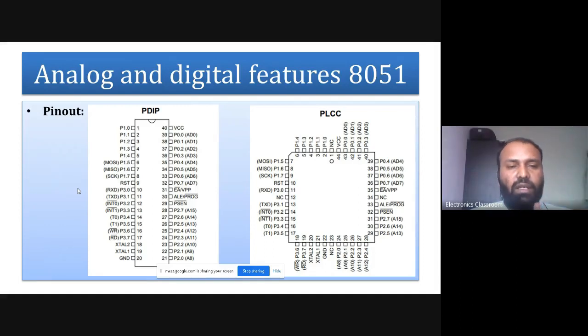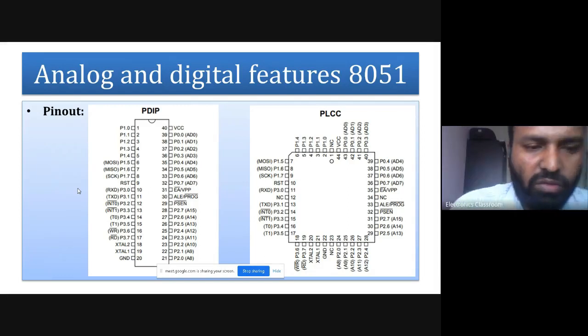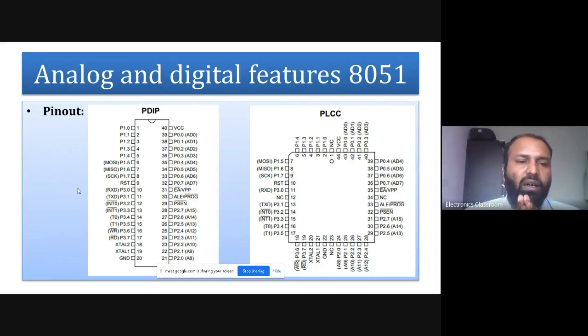We will be discussing interrupts in the interrupt section, but I will give some idea about what an interrupt is. An interrupt is nothing but any unwanted or unexpected signal which can occur at an unexpected time.